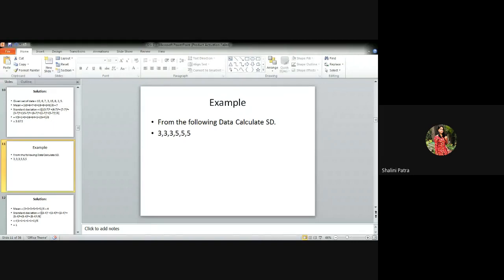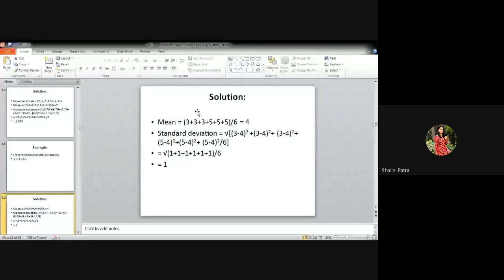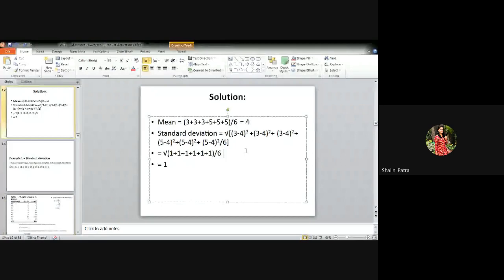Step 6: the mean equals 3 plus 3 plus 3 plus 5 plus 5 plus 5, whole divided by 6. In this case, the mean is 4.